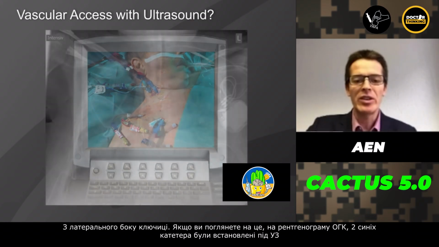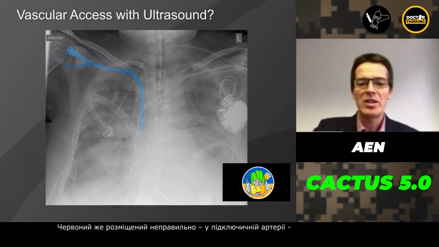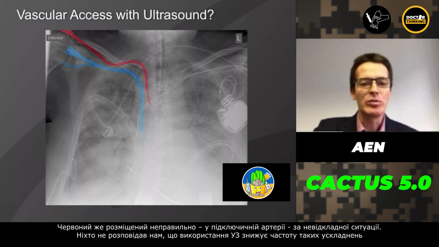And if you look at this on a chest X-ray, you will find the ultrasound-guided placements of two catheters, the blue ones, and the displacement of the red one, which was placed in the subclavian artery in an emergency situation. So nobody tells that using ultrasound reduces complications as such.